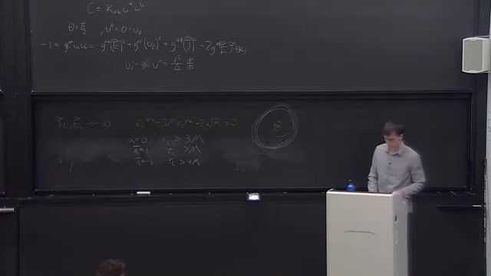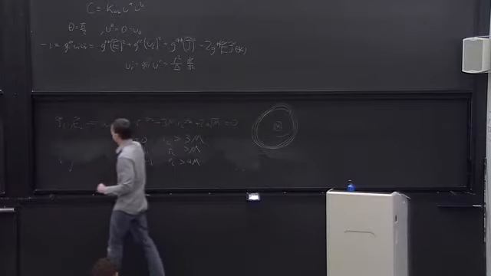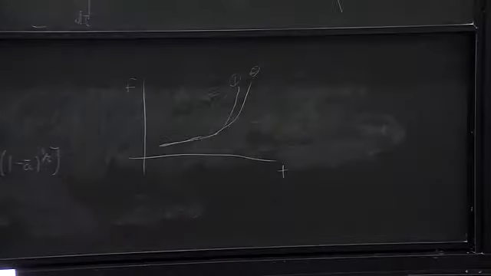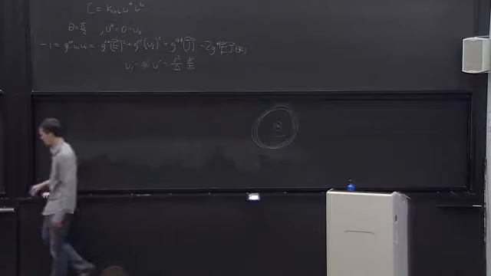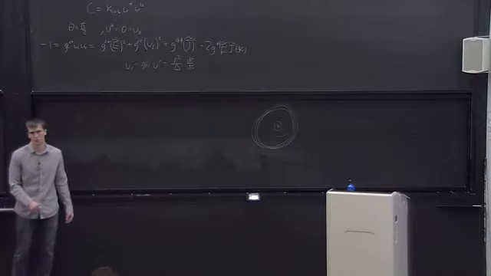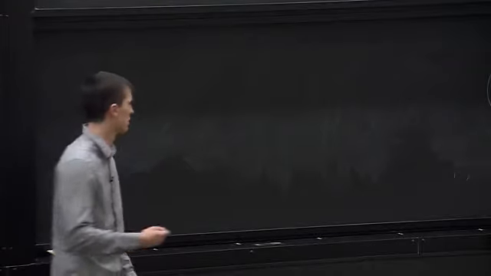And so besides being important for gravitational wave observations, the ISCO is also important for sort of electromagnetic observations of accreting black hole systems.